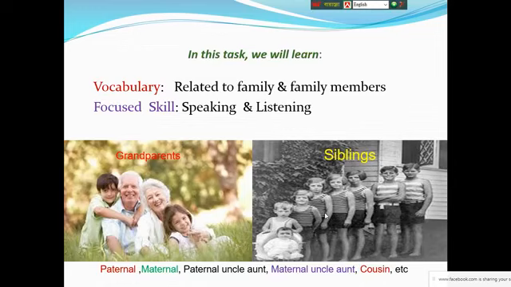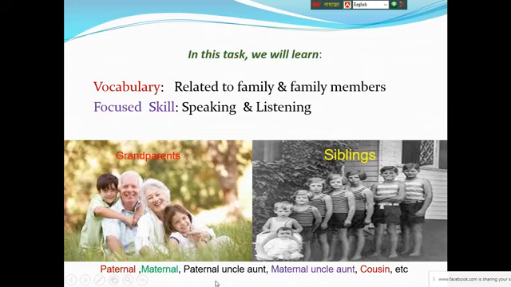How we can learn a task using ICT, Information and Communication Technology. Okay, suppose you don't know the words that are given, but with the matching of the images, you can easily understand. You need not look up the words in the dictionary.